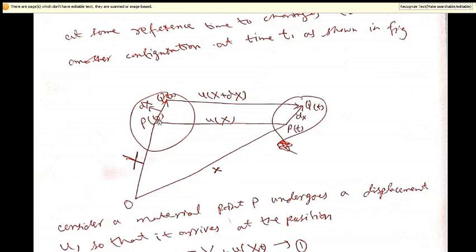Here it is t0, and here it will be t, because this configuration is with respect to time t. So with respect to the displacement vector u, this u will be a function of x and time.